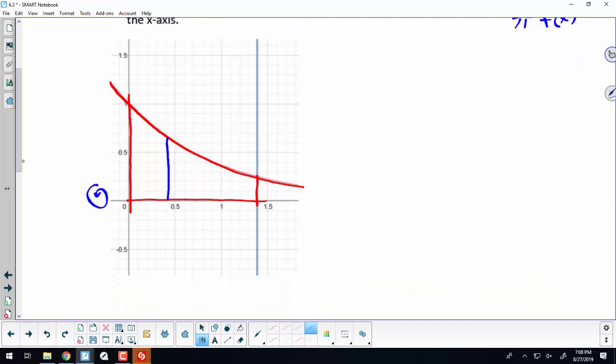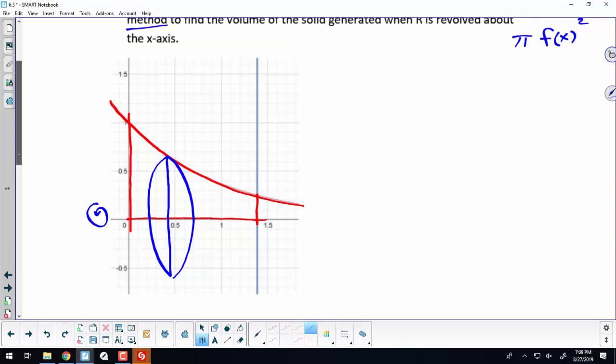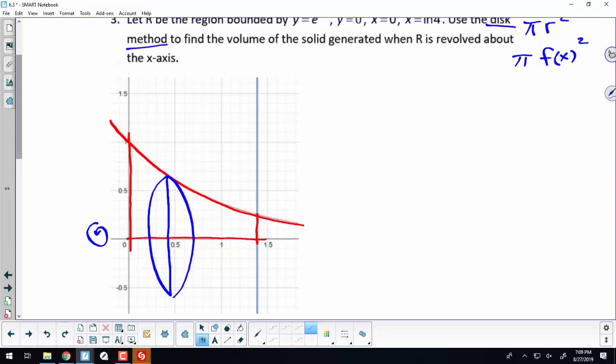If I rotate this about this axis, then I'll have this thing, which is a circle. Then you kind of default back to that cross-sectional area stuff. This whole thing is being filled up with circles. Area is pi r squared, right? So we can get back to it that way as well. Or, like I said, you can just remember the disk method is pi r squared.